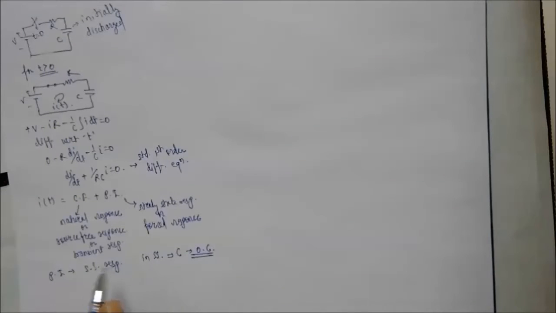In steady state, the capacitor acts as an open circuit. So the capacitor will be open circuited. Since the capacitor is open circuited, what is the value of i that will flow through the circuit? That is equal to 0.